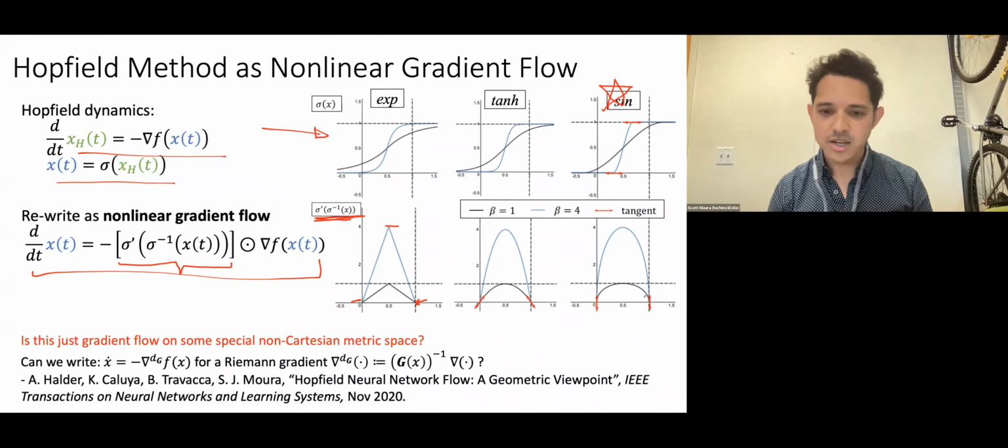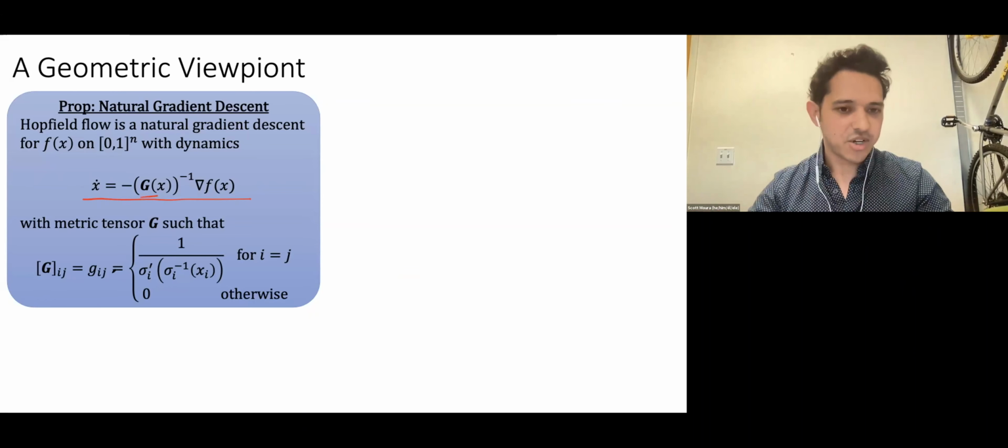What is this alternate space in which we're doing gradient flow? And this gives a nice geometric view. It turns out that Hopfield is a natural gradient descent for f with these nice dynamics, where this matrix tensor G is defined by this composition of the sigma function here.